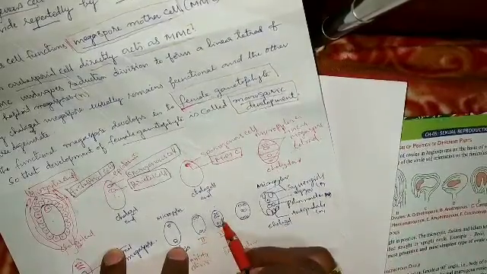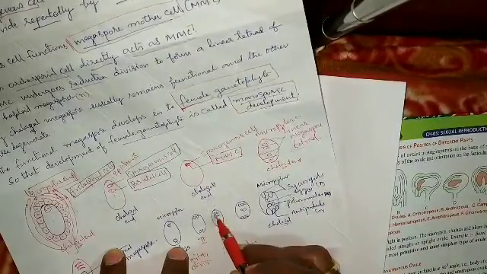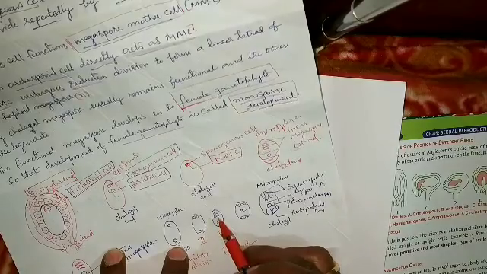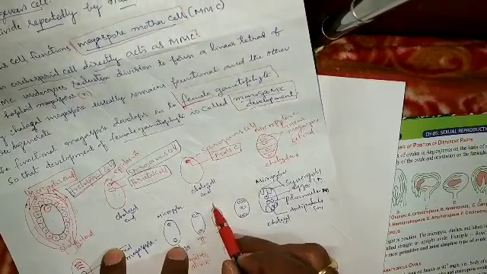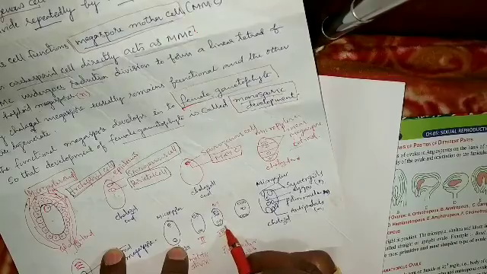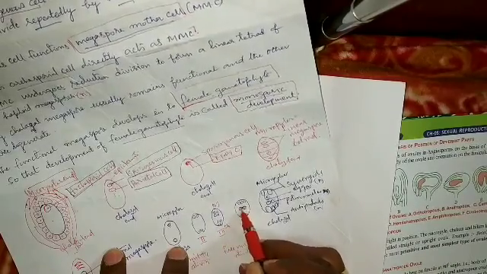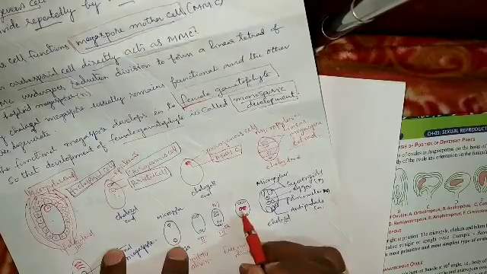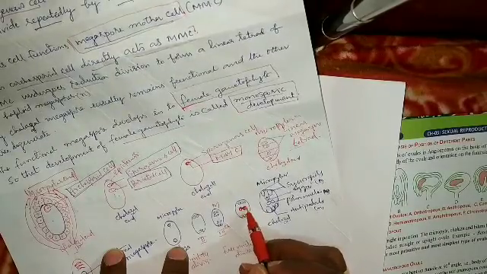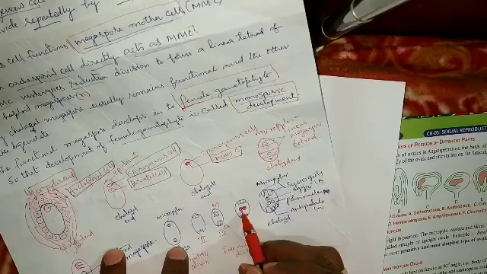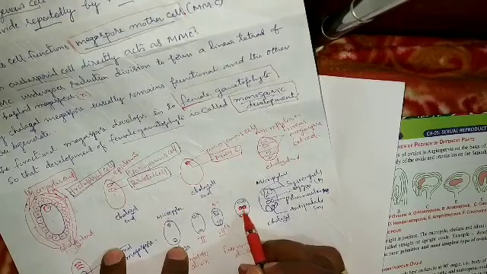So from the 8 nuclei, one nucleus from the micropylar side and one nucleus from the chalazal side come into the middle, and two nuclei are located at the middle of the embryo sac.